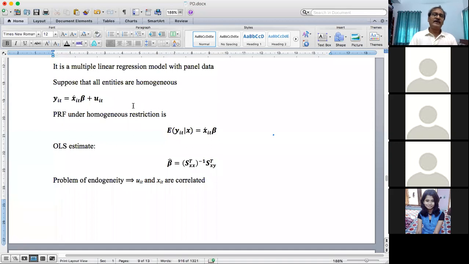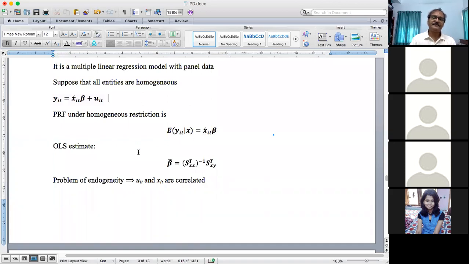So we keep the assumptions we need for a linear regression model intact in this case also. Under those assumptions, you can easily calculate the population regression function or conditional mean function. If you take expectations on both sides, the expected value of the random error term will be 0, and you will get the conditional mean like this.